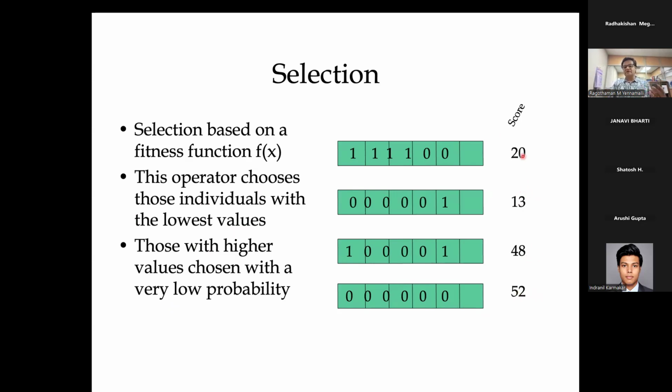But what about 48 and 20? Those with higher values will be chosen with a very low probability. So 48 and 20 can still be selected, but 52 may not be selected that frequently.